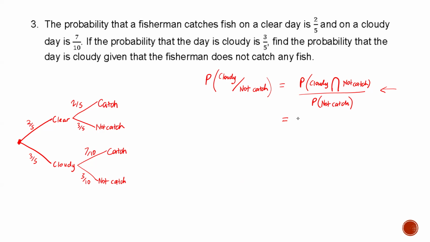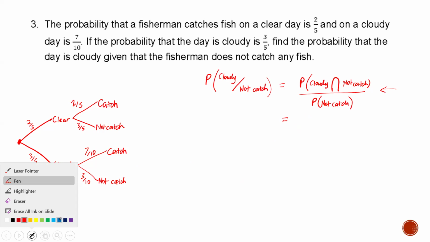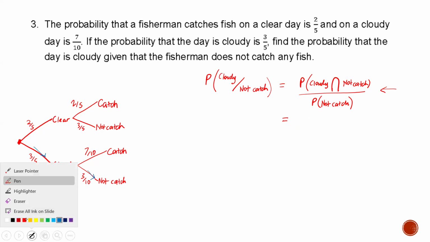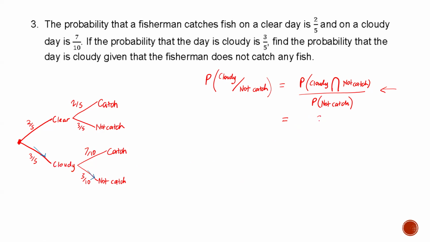So how do we get the probability of it being cloudy and him not catching? Using our tree diagram, this is simple. We just follow the path of cloudy and him not catching. And so that will give us 3 out of 5 times 3 out of 10.